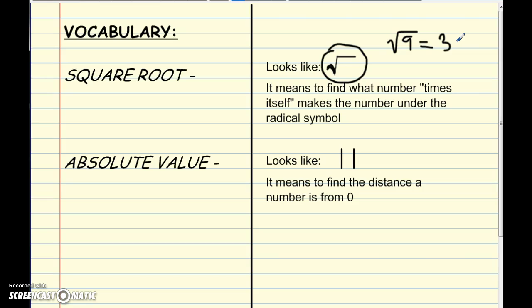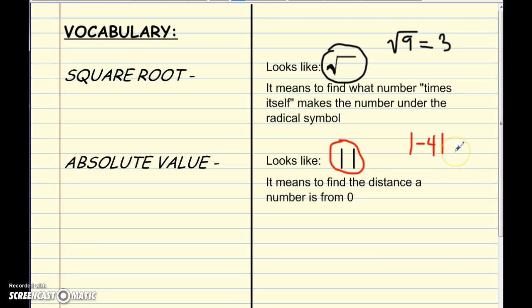The second one is absolute value. The absolute value talks about the distance a number is from 0 on a number line. The absolute value symbol looks like an equal sign tipped up on its end. An example of this could be -4.